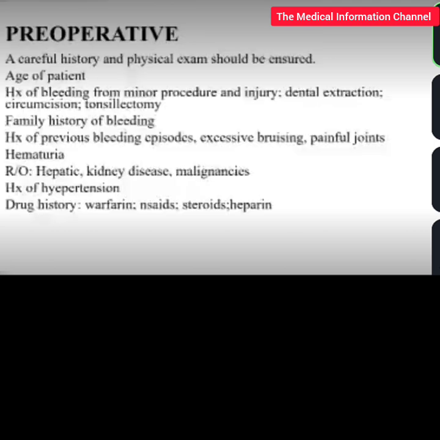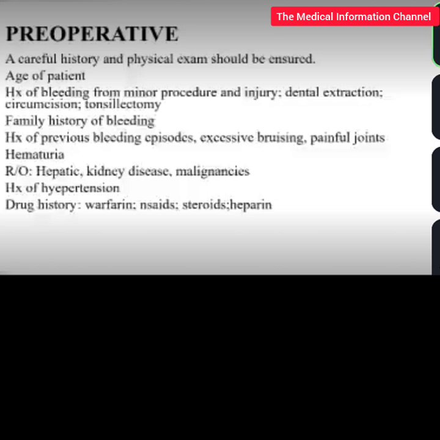So for pre-op, a careful history and physical examination is very important. You note the age of the patient. Do they have any history of bleeding from minor procedures like dental extraction or tonsillectomy, any family history of bleeding disorders, any bleeding episodes, excessive bruising, painful joints, which can point to hemarthrosis, or hematuria? You can rule out hepatic and kidney disease by asking for symptoms of jaundice, abdominal swelling, excessive itchiness, early morning facial puffiness, then malignancies, weight loss, loss of appetite, decreased activity.